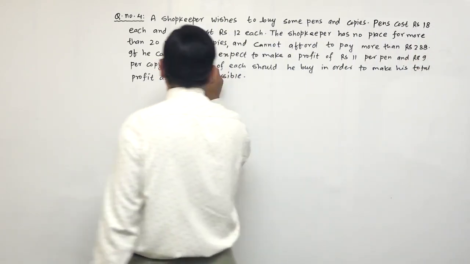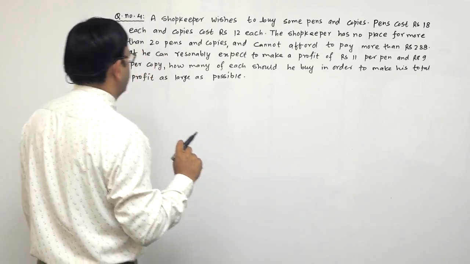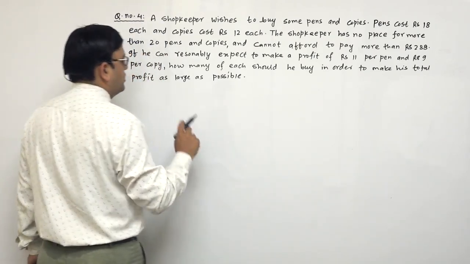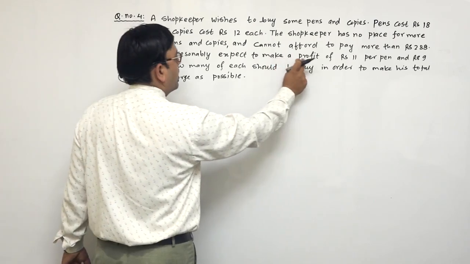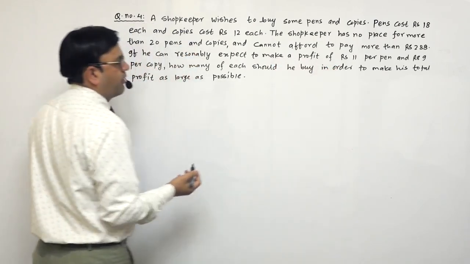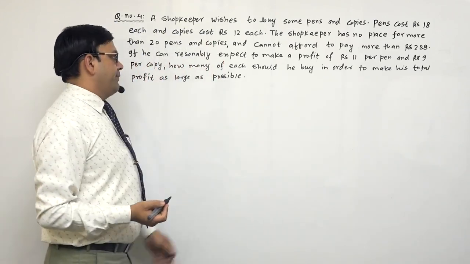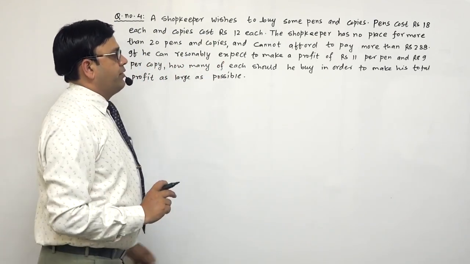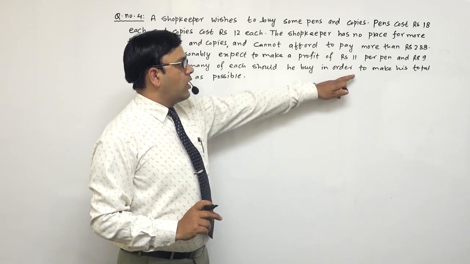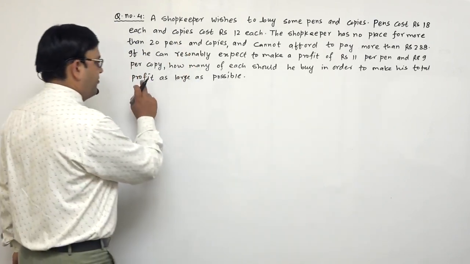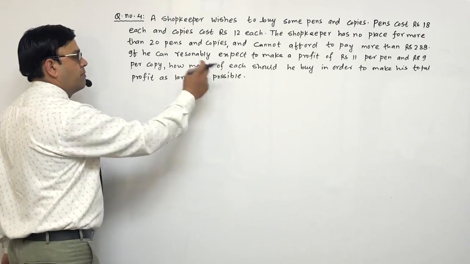If he can reasonably expect to make a profit of Rs 11 per pen and Rs 9 per copy, how many of each should he buy in order to make his total profit as large as possible?